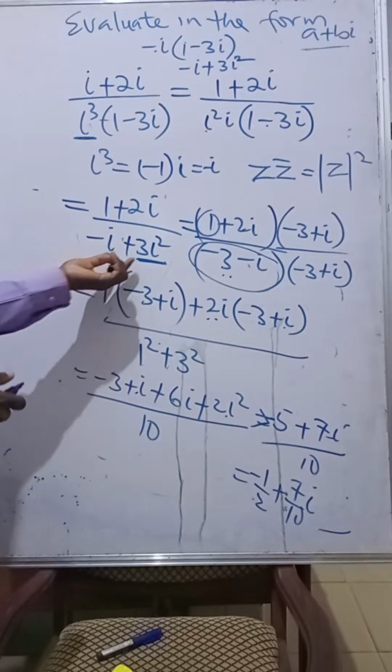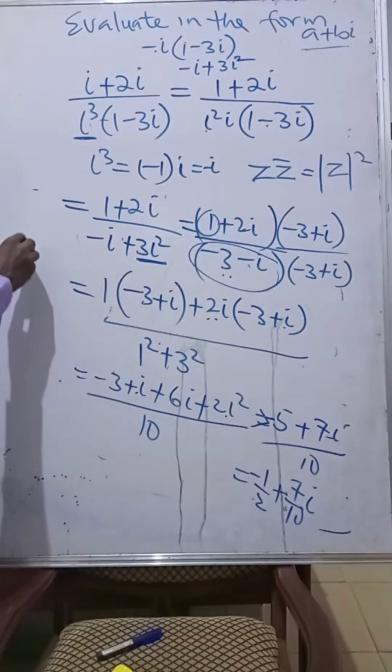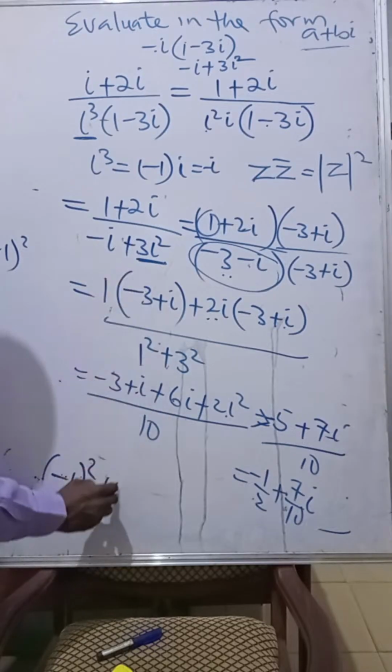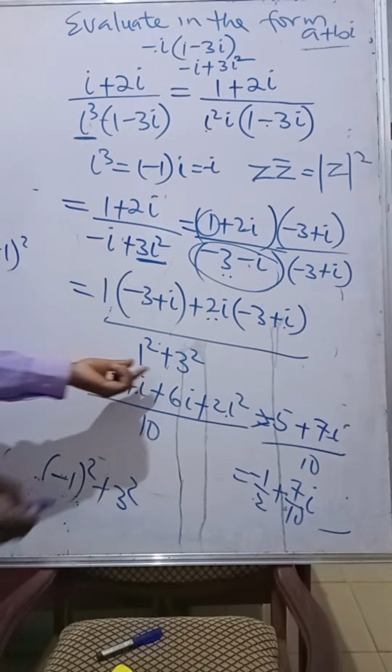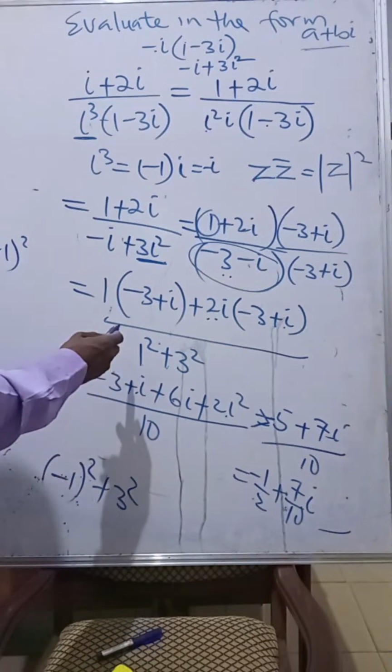So the complex number here is minus 1 squared plus 3 squared, which is the same thing as this.